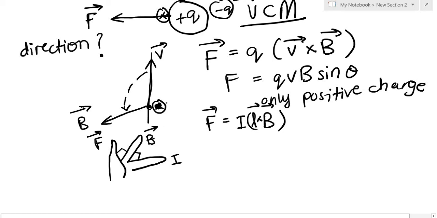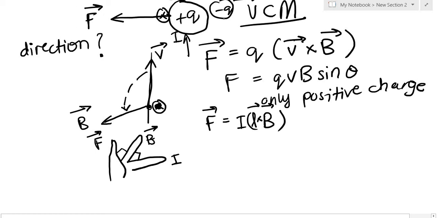But if you were to apply Fleming's left hand rule instead of the cross product to determine the direction of the force experienced by a moving charge, then you need to consider the direction of current. Current flows in the direction of positive charge. So if a positive charge is moving forward, current will also move forward, and you can use Fleming's left hand rule, and you will get that the force is again in the same direction.